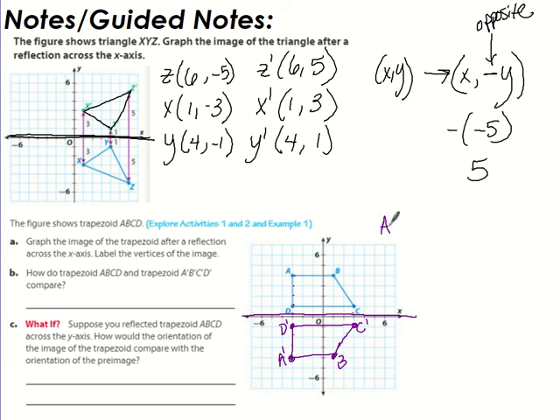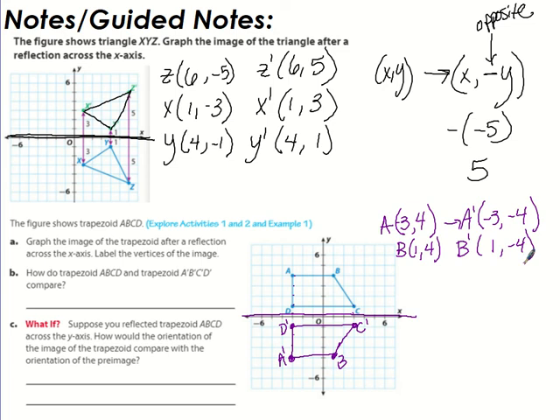Okay, so look, A is at 3, 4, and A prime is still a 3, it's just now a -4. See, look, it just went to its opposite. B is at 1, 4, and B prime is at 1, -4. So see, it's just opposite.